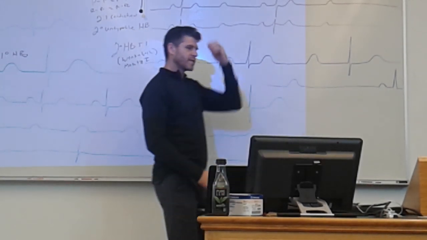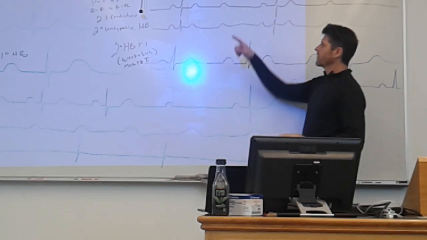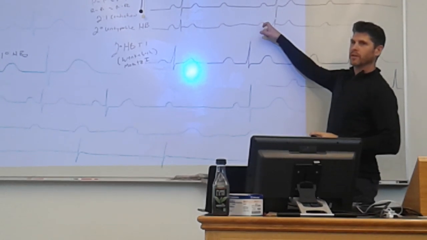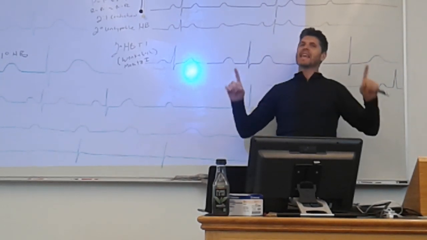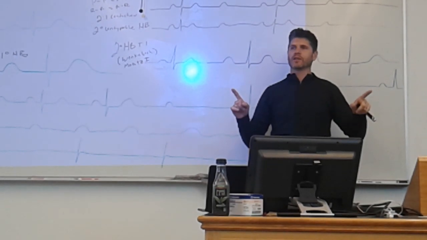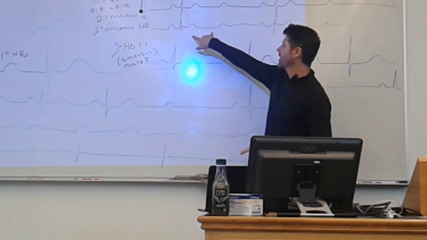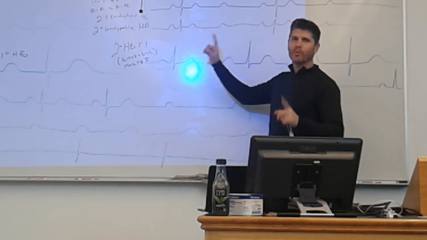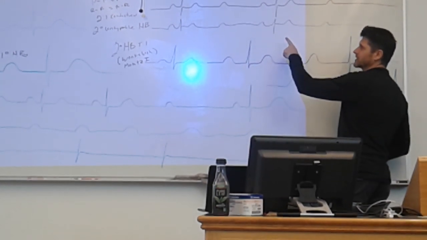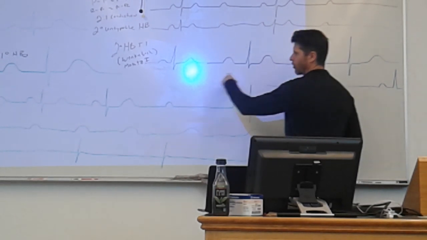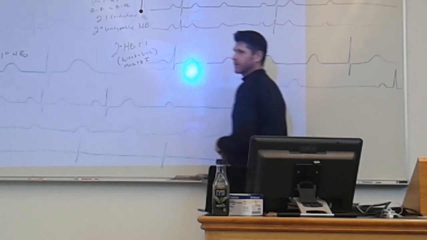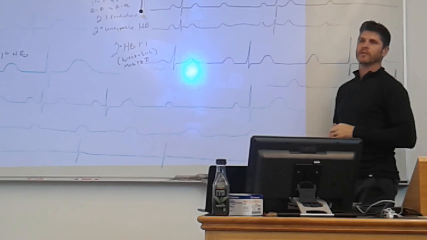What I will say is this. If you have a second-degree untypable and you're watching the strip, if at any point in time you get two QRS complexes together, in other words, if it drops to this rhythm for two complexes, or if it drops to this rhythm for two complexes, then you know what the type is.